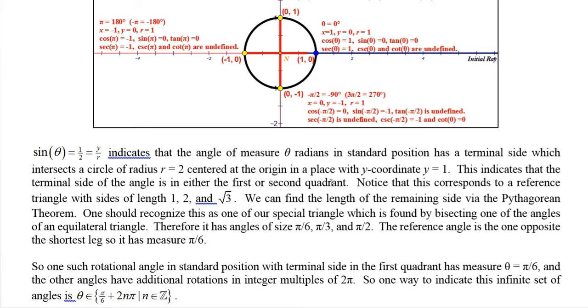If I do that, I'm not doing it on a unit circle, but a circle of radius 2, centered at the origin. The initial side is always the positive part of the x-axis. The vertex is always at the origin for standard position. And if you do that, then the terminal side is going to meet that circle of radius 2 at the point where y is equal to +1.